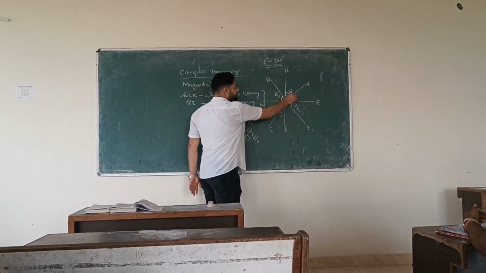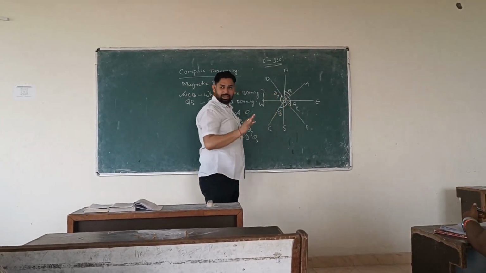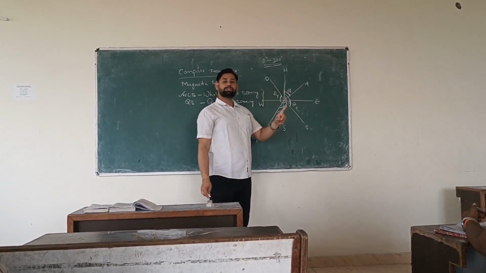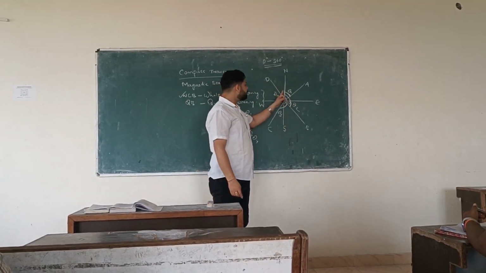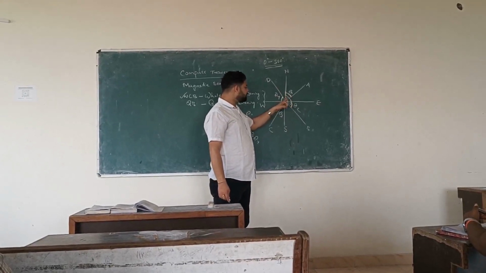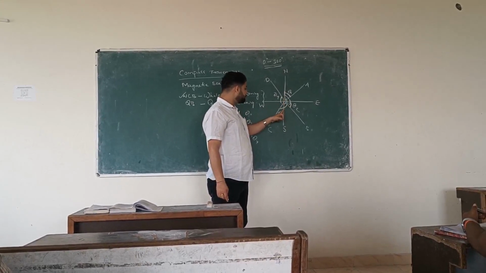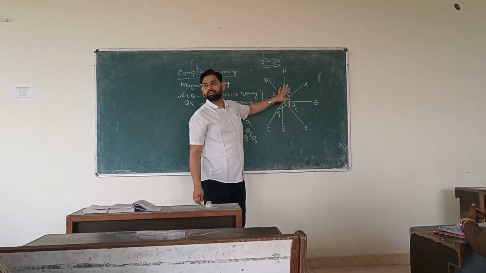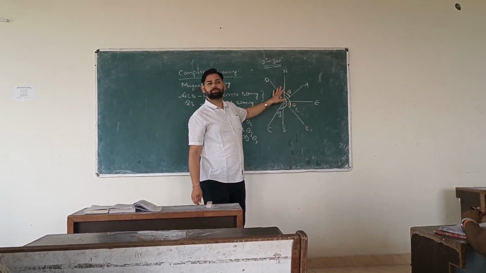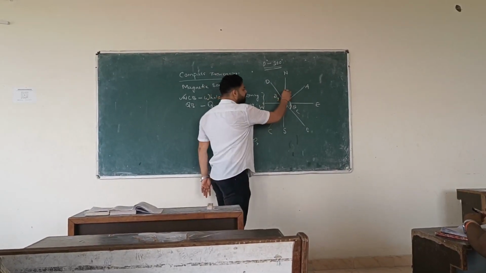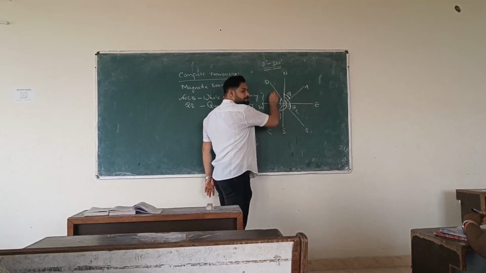Here OA, OB, OC, OD are situated. So always the WCB is counted from north pole to the line OA, OB, OC, OD. This is the whole circle bearing system, and it counts from 0 degree to 360 degree, because the whole system is 360 degree.